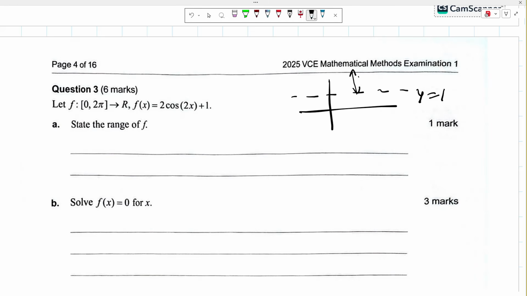So the function goes 2 above the midline and 2 below the midline. So the range of f, what's the lowest value that it's going to reach? The midline is at 1, and it goes 2 below that, so -1 is the lowest value it reaches, and 3 is the greatest value that it reaches.